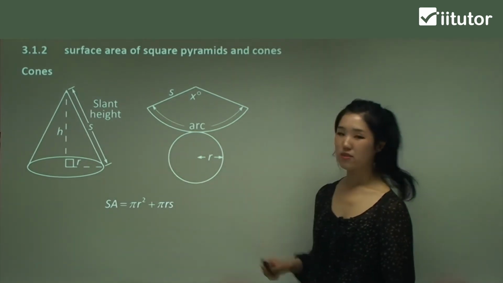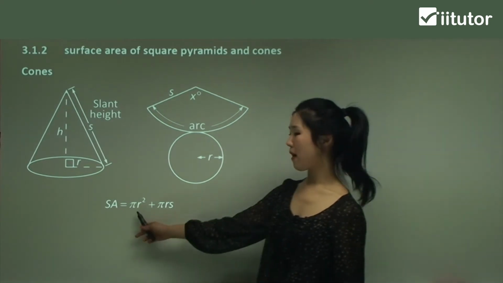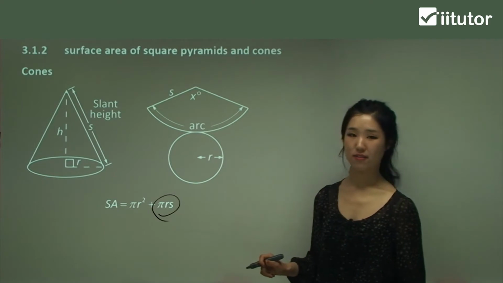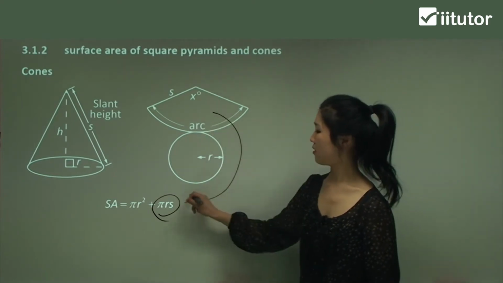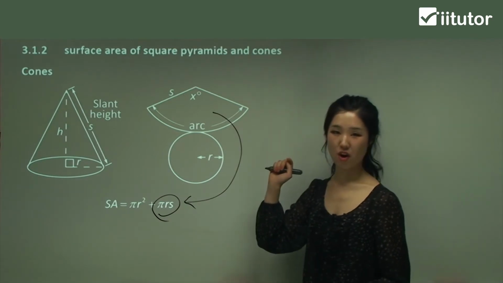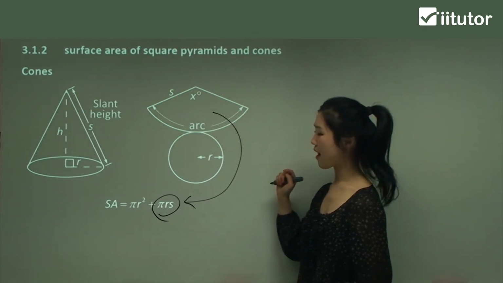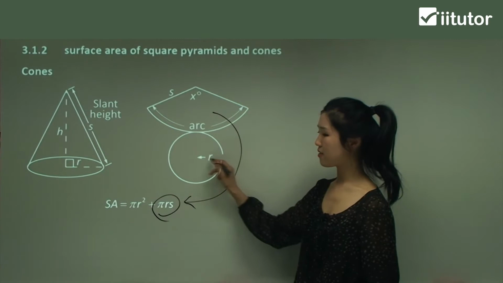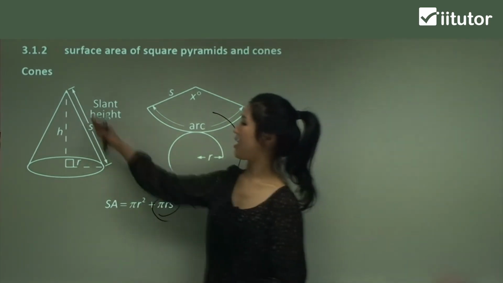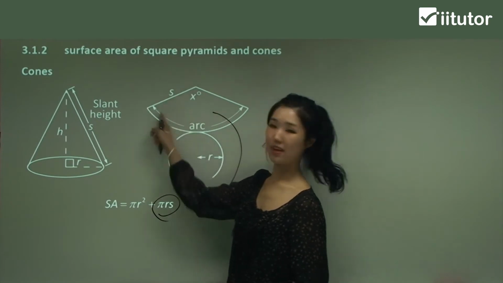So we all know the area of the circle, pi r squared. Now this is the new part, pi rs. This is the area of this curved part of the cone, pi rs, where r is the radius of the base circle and s is our slant height, or basically this length here.